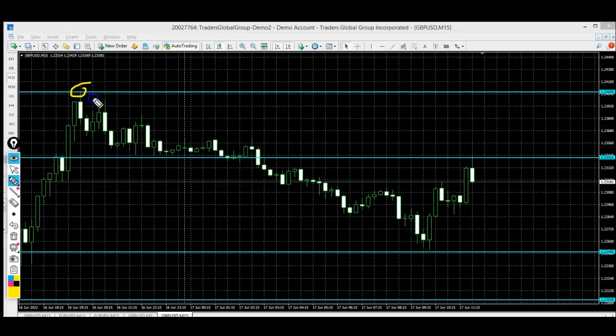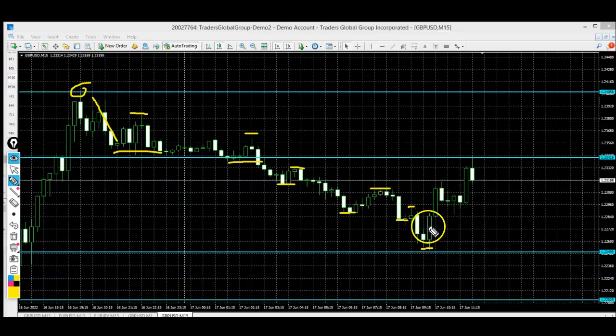It gave a low there, a lower high, a lower low somewhere here, and then a lower high, a lower low, a lower high. This came all the way down, a lower low, a lower high, a lower low, a lower high, a lower low. Now see this nice bullish candle which engulfs this one here. This was a signal for one to go long.